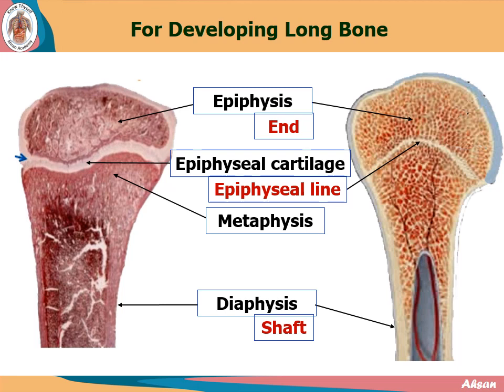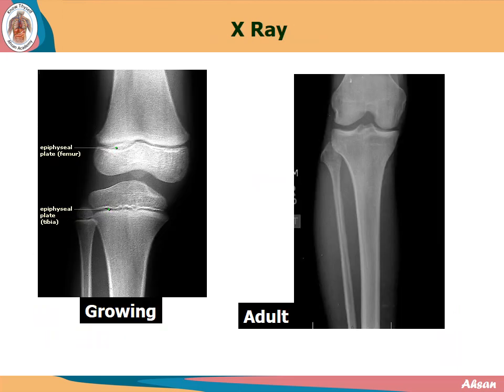So it is now known as the upper end or proximal end. The rest of the metaphysis is continuous with the diaphysis, and this is now known as the shaft. So in the adult we get proximal and distal ends, and in between the shaft. The metaphysis is absorbed in the ends and in the shaft.